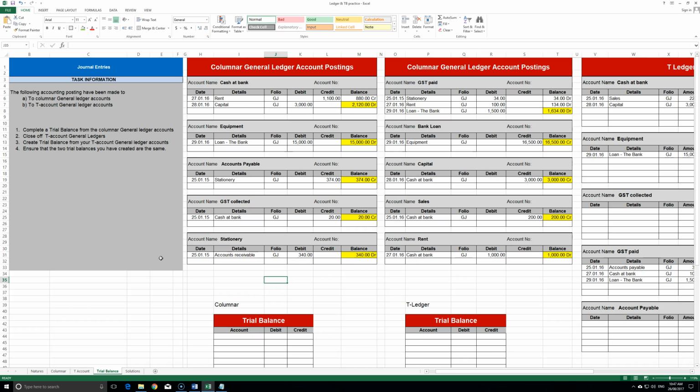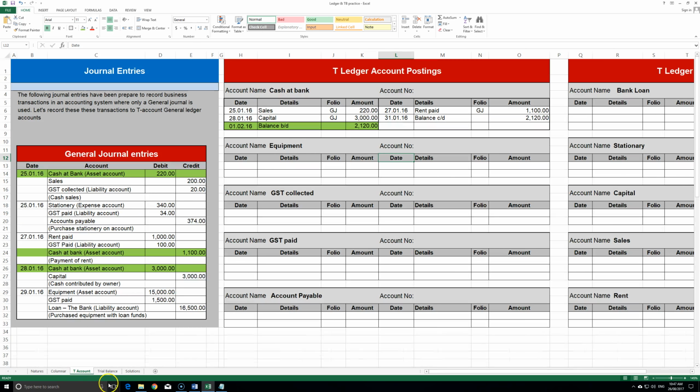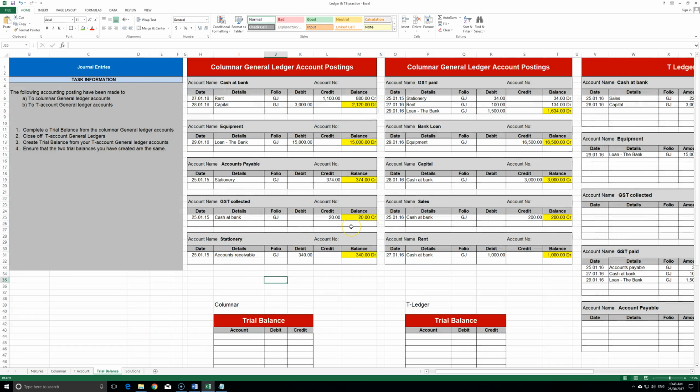And the point of completing a trial balance is to make sure you have posted everything correctly to your columnar and T account ledgers. The most important thing is that the sum of all of the debits that you posted equals the sum of all of the credits.